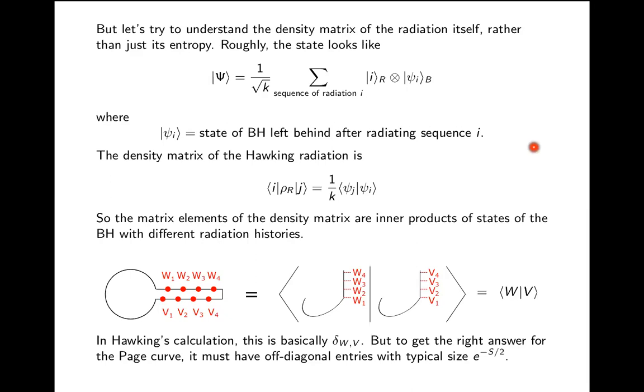We could try to write a more precise formula, but I don't think it's too important for this. This formula could be literally true, depending on how we define the states I.